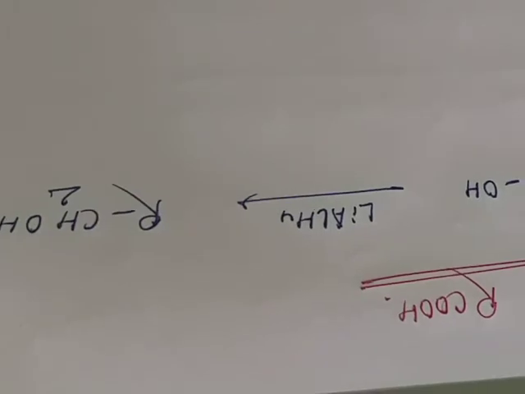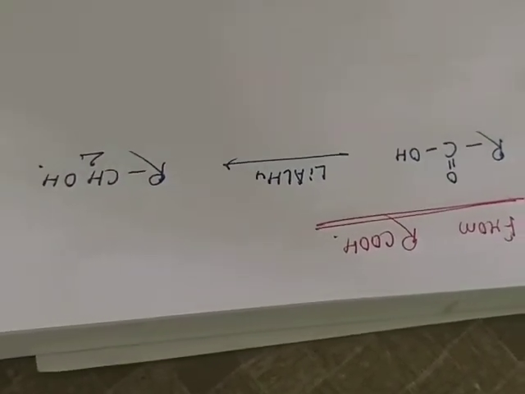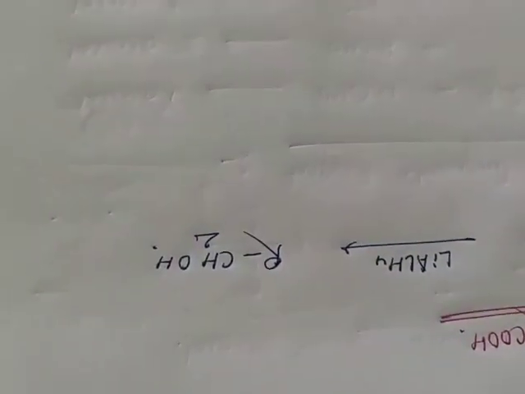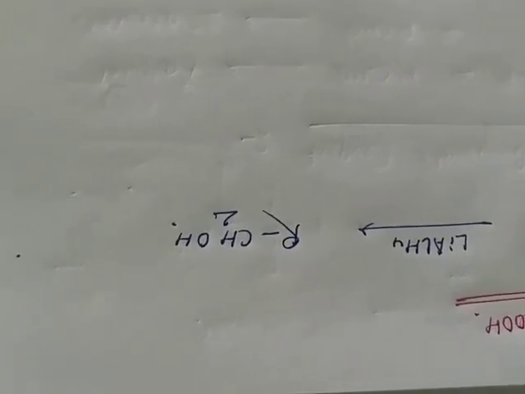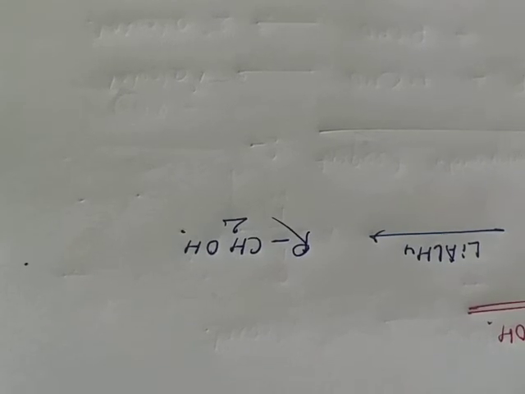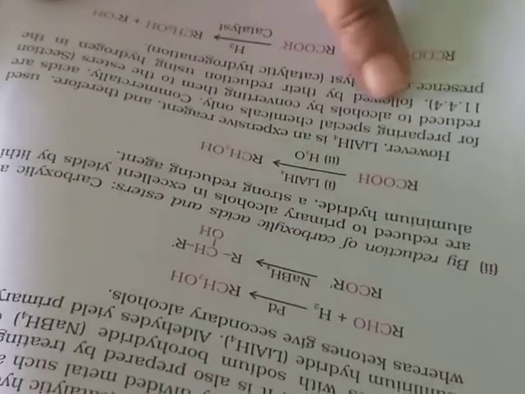But lithium aluminium hydride is quite expensive, and if we just see this in NCERT, it is also written over there clearly, on page number 330, that lithium aluminium hydride is an expensive reagent, so therefore used for preparing special chemicals only.